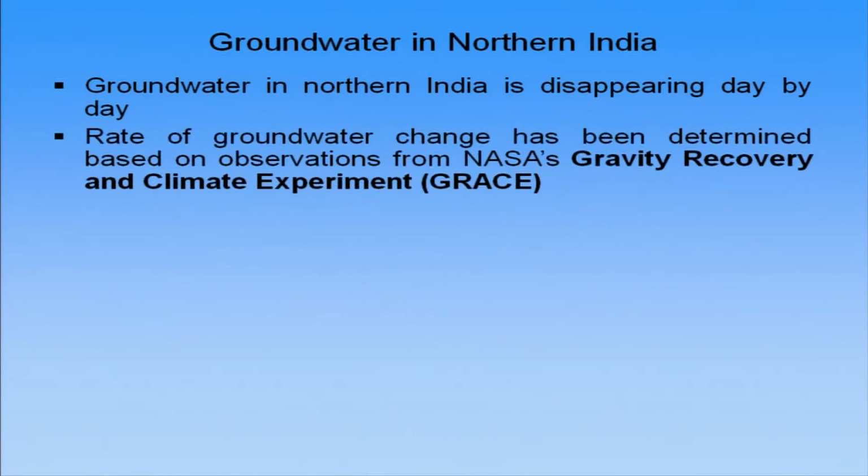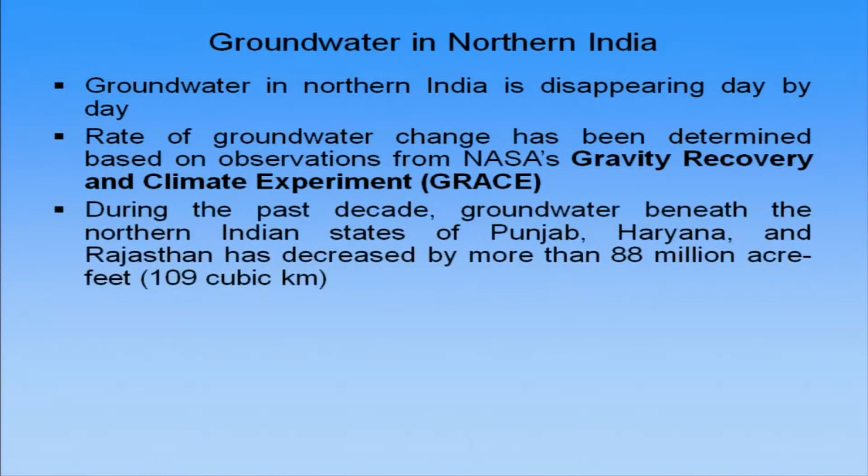The rate of groundwater change has been determined based on observations from NASA's Gravity Recovery and Climate Experiment, that is the GRACE satellite. During the past decade, groundwater beneath the northern Indian states of Punjab, Haryana and Rajasthan has decreased by more than 88 million acre feet, that is 109 cubic kilometers.